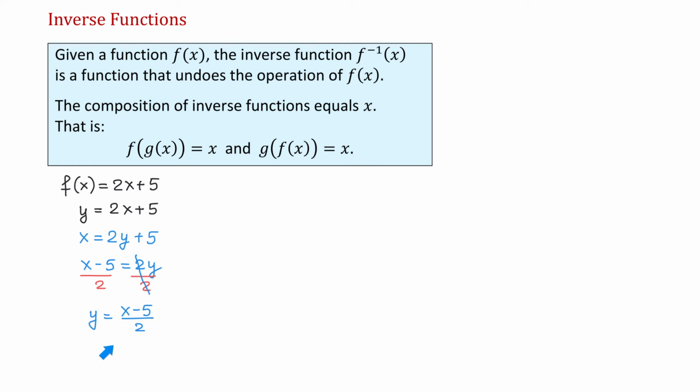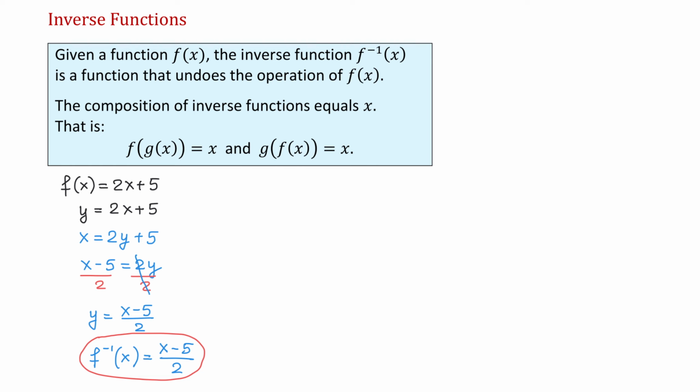So now we have the inverse function solved for y, and now let's replace this y with the notation for the inverse function f inverse of x. So in place of y, I will write f inverse of x equals x minus 5 over 2. So the inverse of the function 2x plus 5 is x minus 5 over 2.